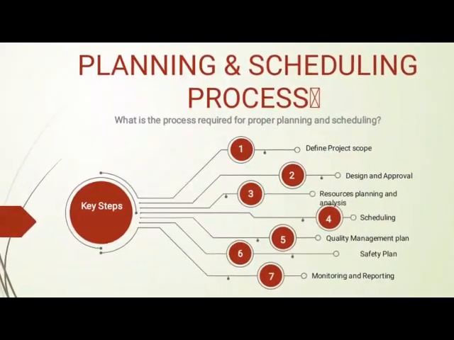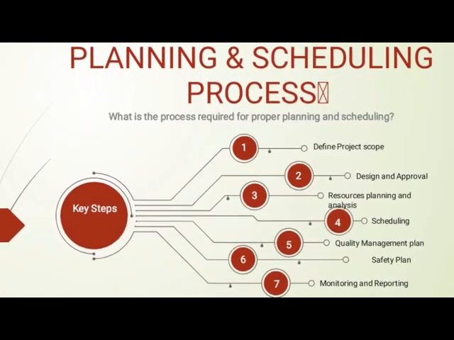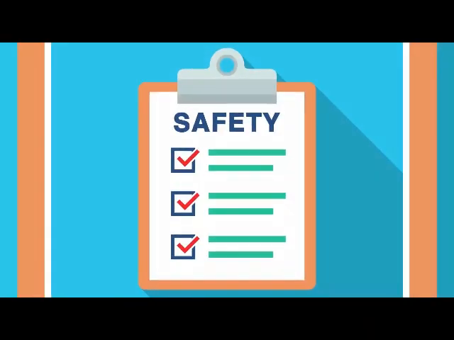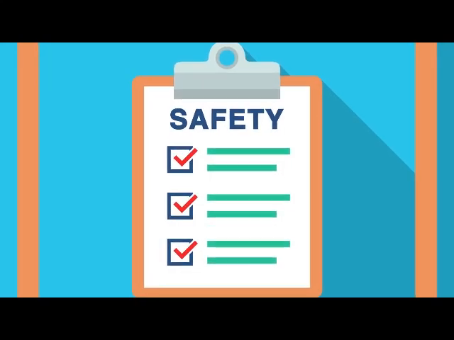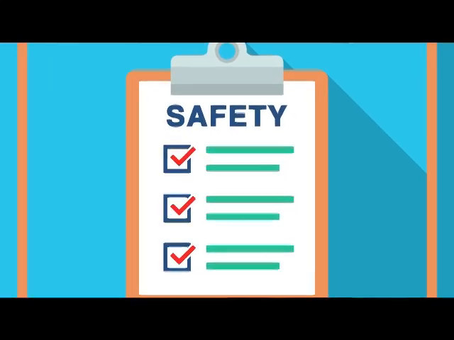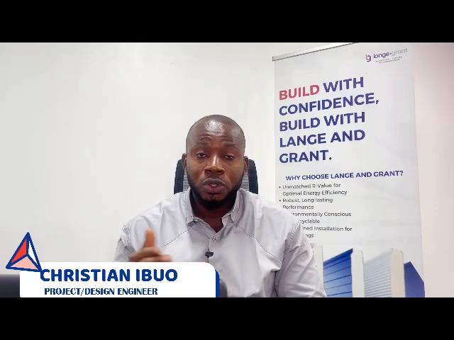The sixth step in the planning and scheduling process is the safety plan. Safety is important. How do they put it in the safety language? If it is not safe, don't do it. There's no need doing a project if it is not going to be safe. So you must have a safety plan. The safety plan helps us identify the PPEs that are required for the construction.